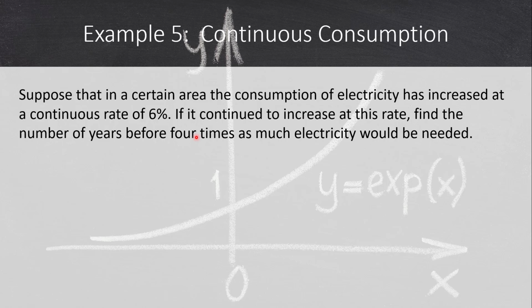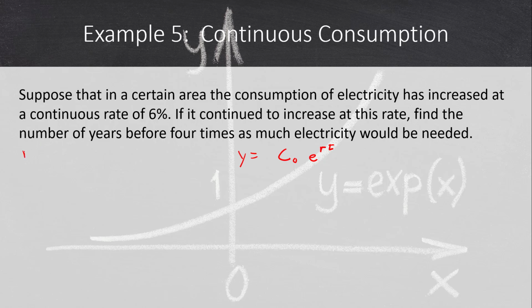Okay, well, the first thing we need to do is figure out what the actual growth formula is for this. And that is going to be that y is equal to your initial consumption, we're going to call that C naught, times e to the rt. So it's just like the continuous compounding problem.